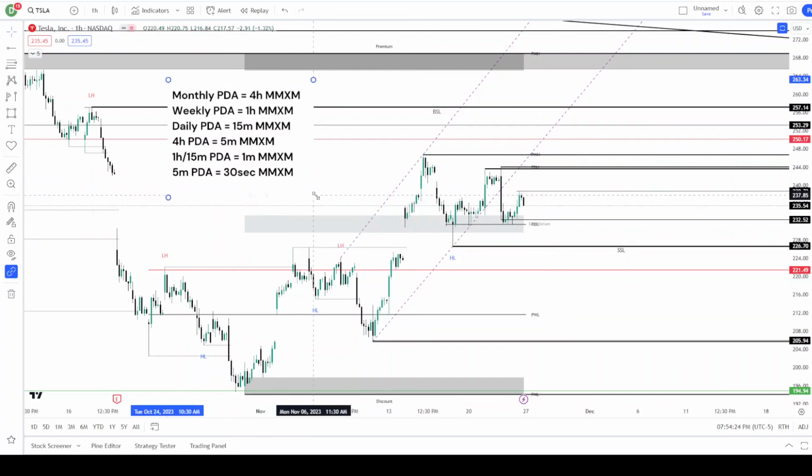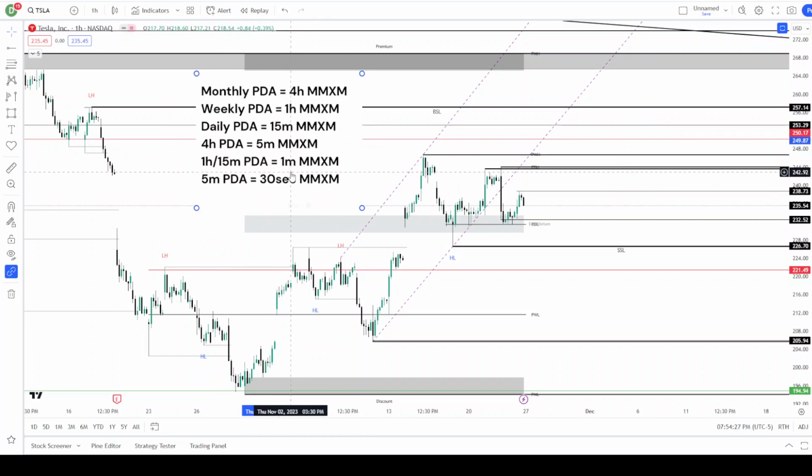Okay. So these are the rules on the market maker buy or sell model. So when you're looking at the 1 hour chart and the 15-minute chart, and you're looking at premium discount arrays, and you're looking at different fair value gaps and things like that. I'll grab the other bit.